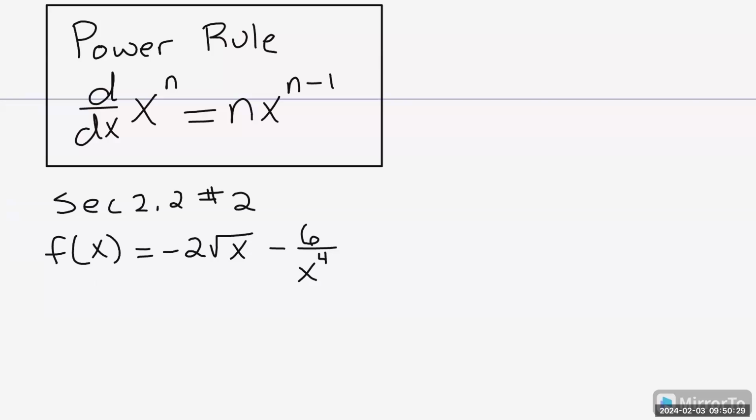So for this one, the algebra rules that I want to remind you of are rules involving exponents. So one is that in general, the square root of some number, like the square root of a, for example, is the same thing as a raised to the power of 1/2.